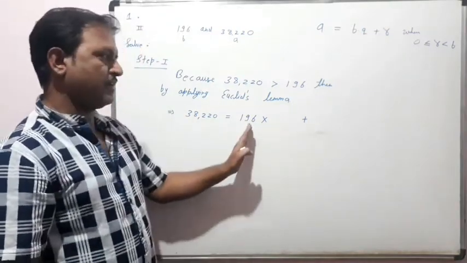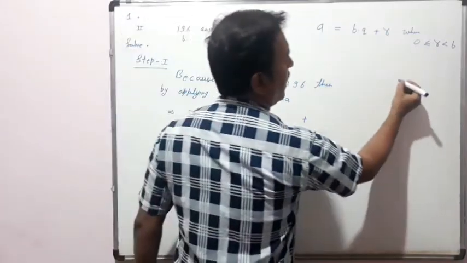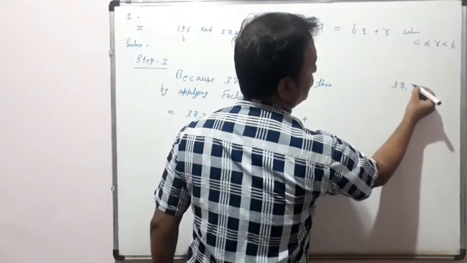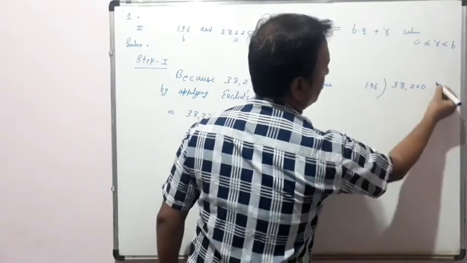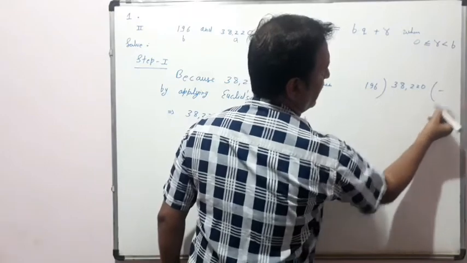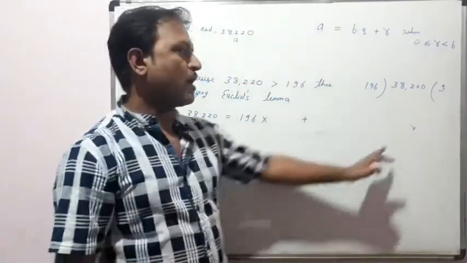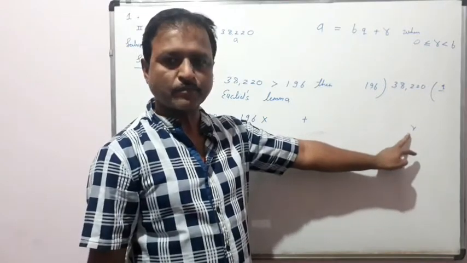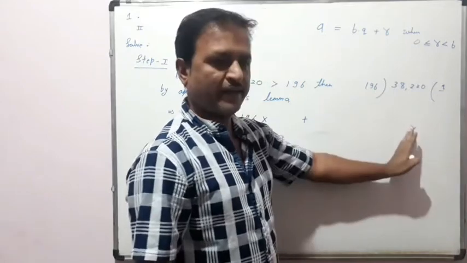So see how we get Q here. So you can either divide 38,220 by 196 to get Q and R. Q you will get in the quotient and R you will get in the remainder. So how to get the quotient and remainder here.